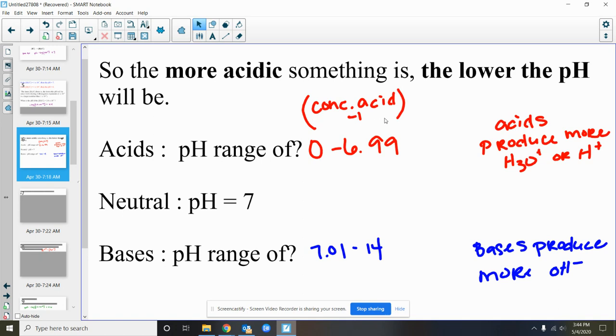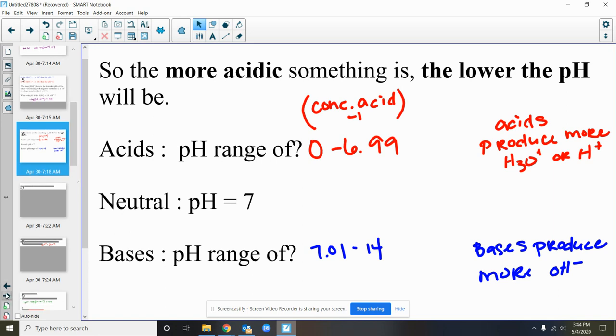You can actually see a pH of -1 if you have a really, really concentrated acid, so super, super strong. You can actually go below 0. That's rare, and we won't see that a whole lot, but technically it actually can happen. Okay, neutral pH is a pH of 7, and then anything above 7, so 7.01 up to 14, is a base. And again, those bases produce more hydroxide ions in solution.